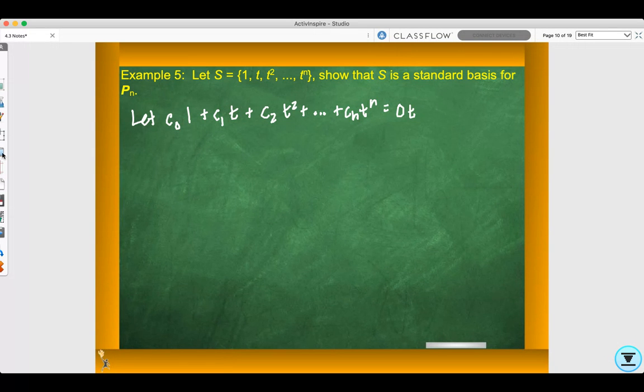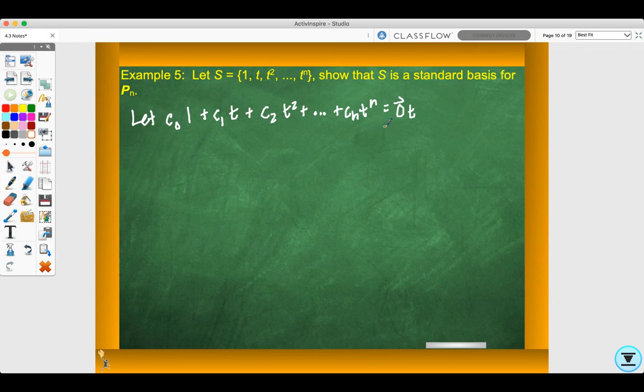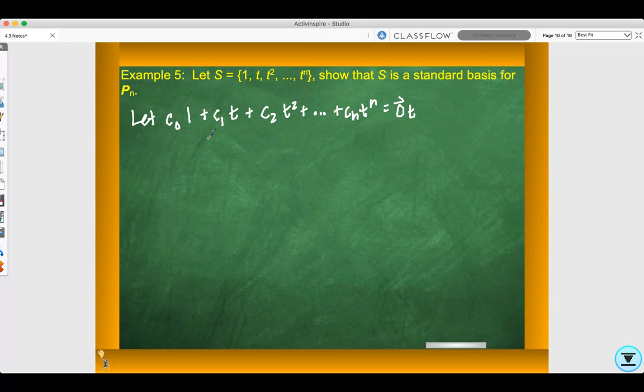And you need to remember that this 0 vector is like 0 times 1, 0 times t, 0 times t to the n. So then c0 equals c1, which equals ... cn, which equals 0. Hence, S is a basis for Pn.